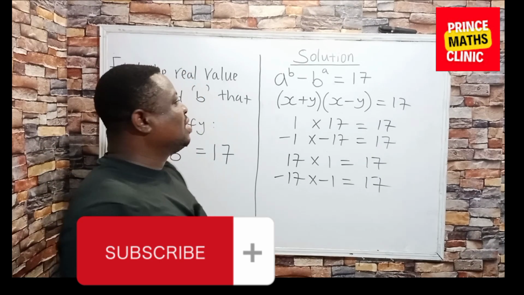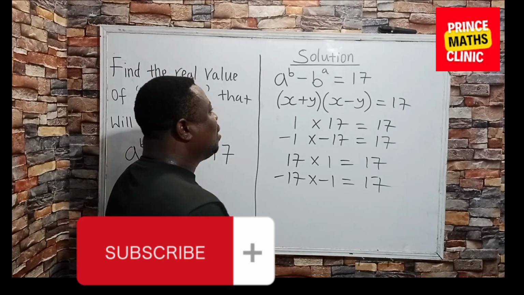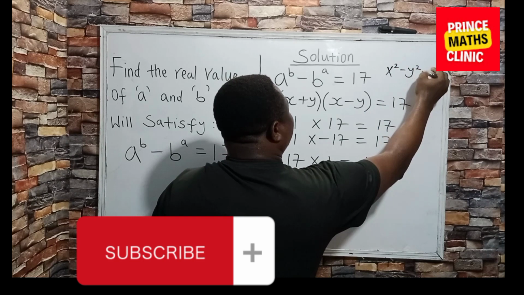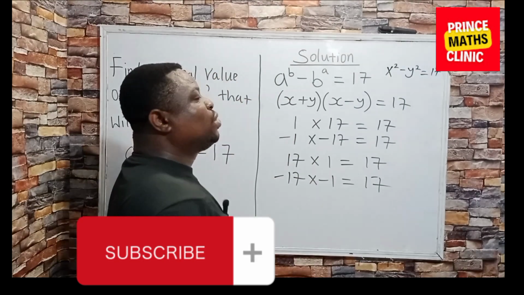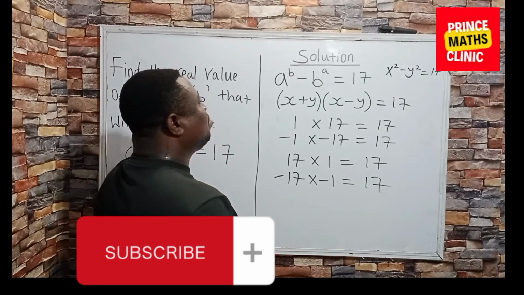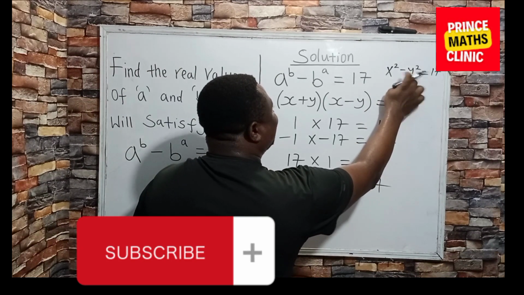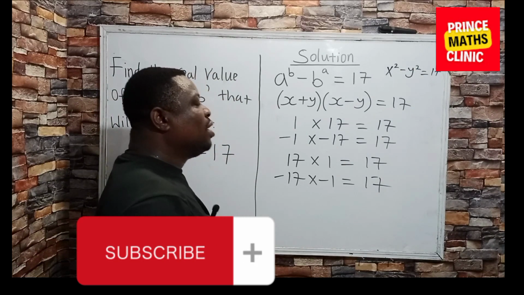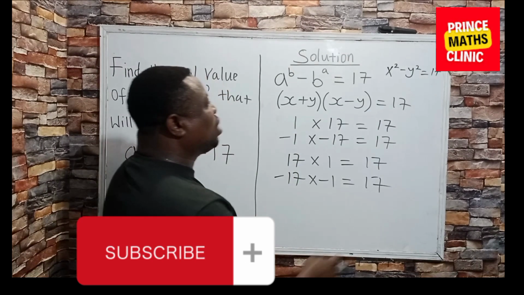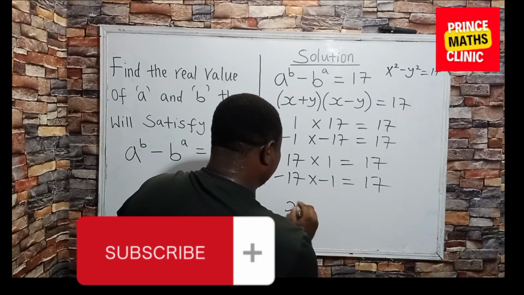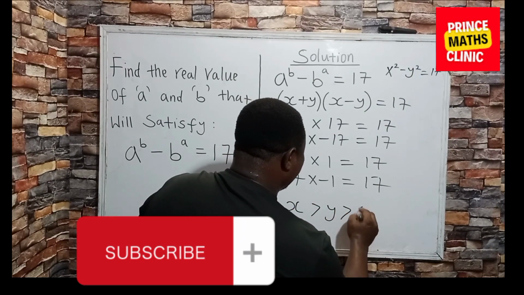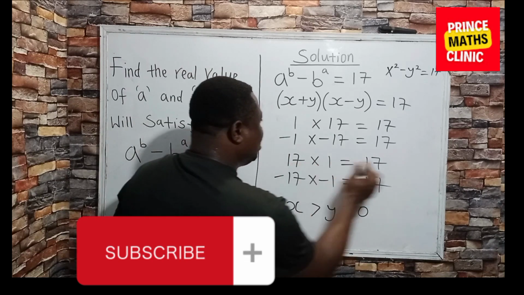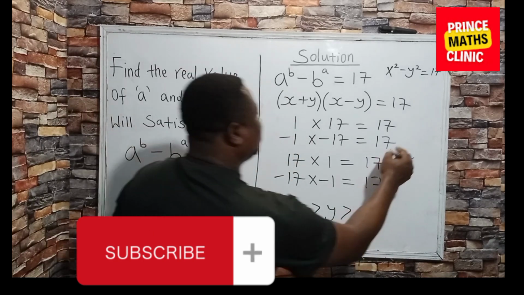But in this case that we have on the board, remember we derived this from X squared minus Y squared to be equal to 17. So therefore, it means that my X must be greater than my Y. So if it must be greater than Y, and Y is greater than 0, the two possibilities are this and also this.